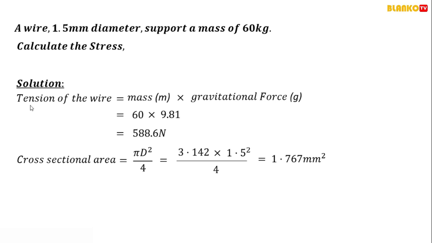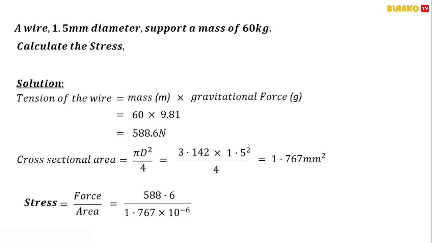Now that we have the tension of the wire, that is the force, and we have calculated the cross-sectional area, we can calculate the stress. Stress is equal to the force over the cross-sectional area. The force is 588.6, and the cross-sectional area is 1.767 times 10 raised to the power negative 6.